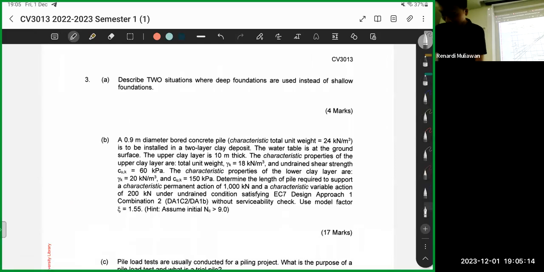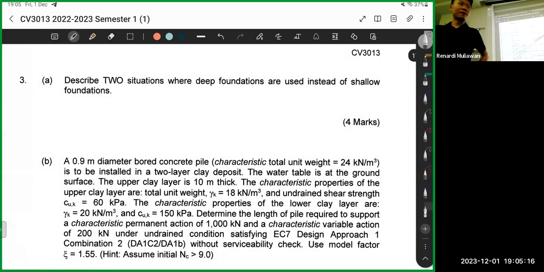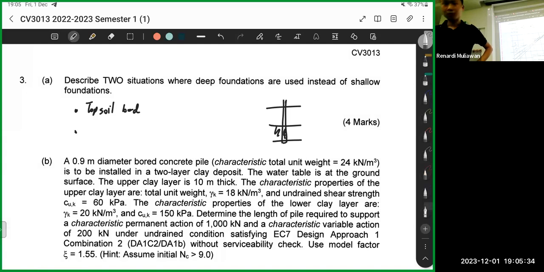Okay, let's start. Two situations where deep foundation is used instead of shallow foundation. This one is theory. One is when your topsoil is bad. If your topsoil is bad, it cannot carry any load, so you need to bring it down to the strong soil. You cannot just put it in the topsoil.